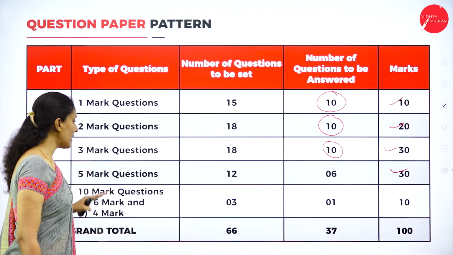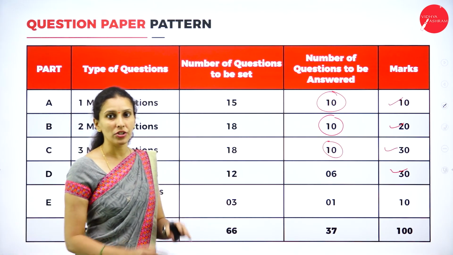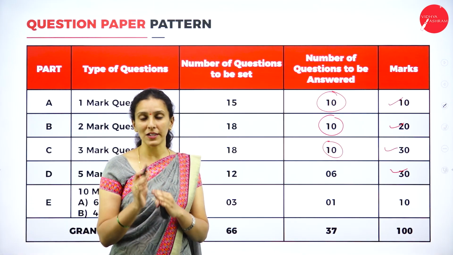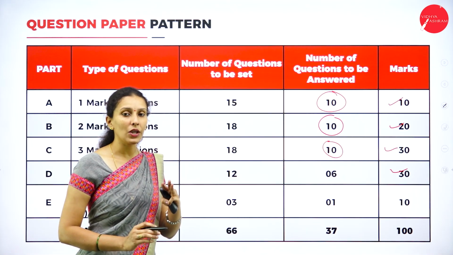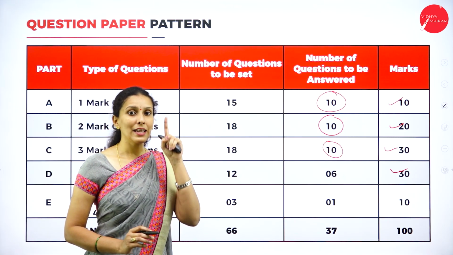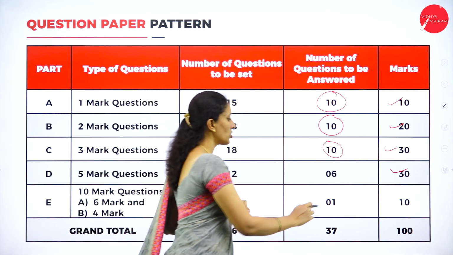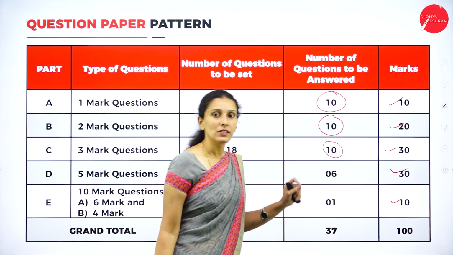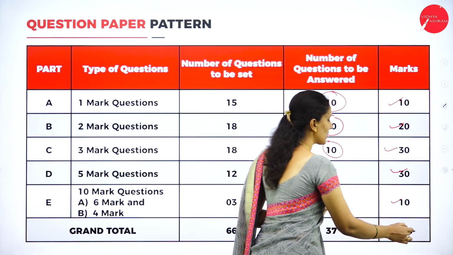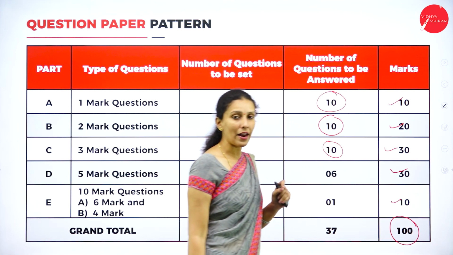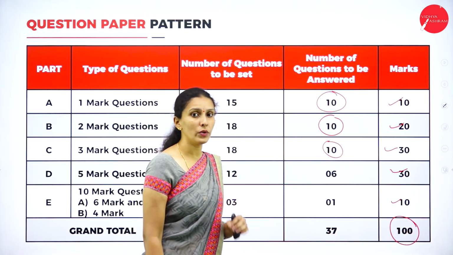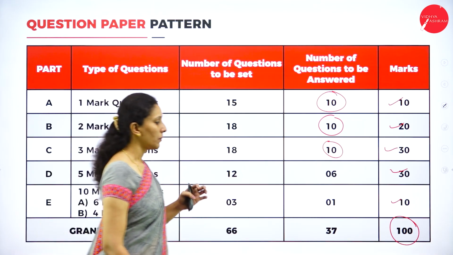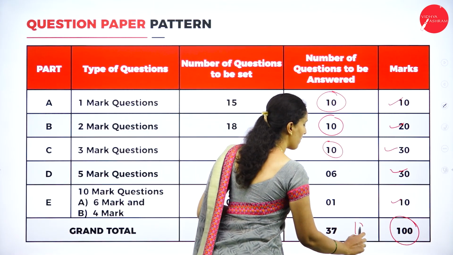And in part E, you will be having 3 questions in the form of 6 plus 4, 6 plus 4, 6 plus 4. Out of 3 questions, you have to choose any 1 question and attend it, which carries 10 marks. So completely, the total marks that you have to answer is 100 marks. But the question paper which they have set is purely for 195 marks.